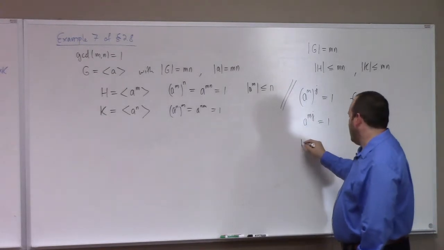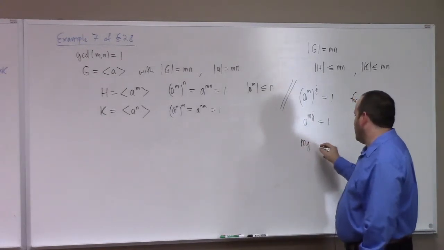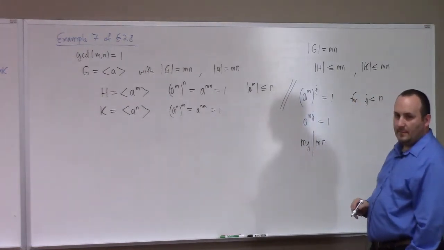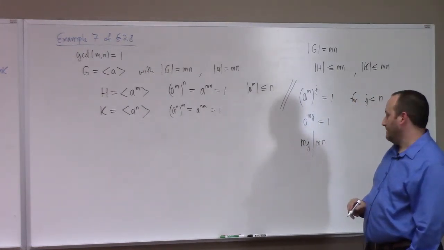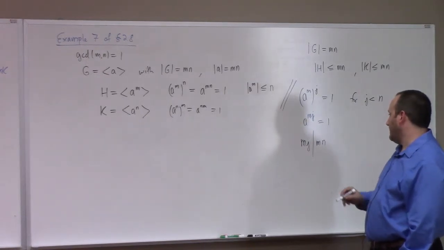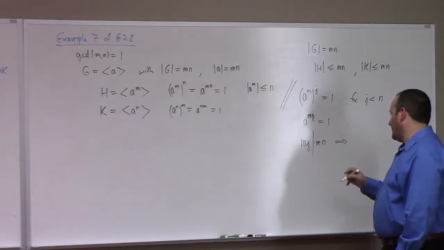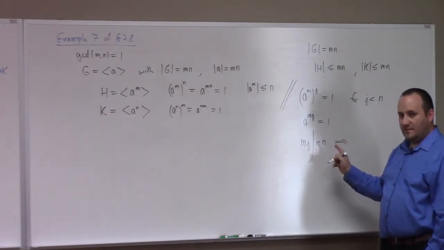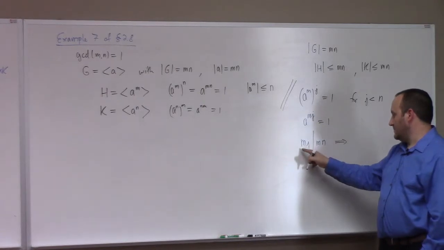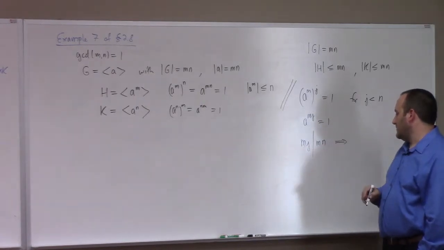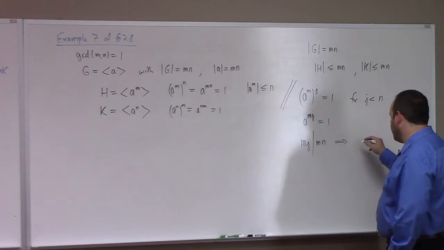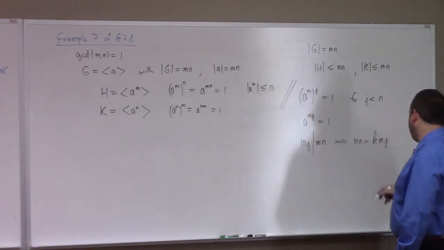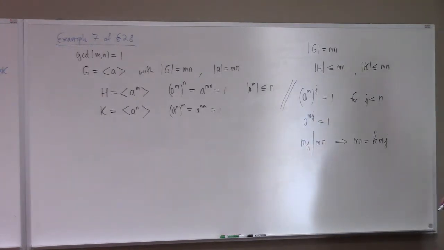Which means that mj has to divide mn. What does that mean? So mn equals kmj, if m and n are relatively prime, right? So then n equals kj.